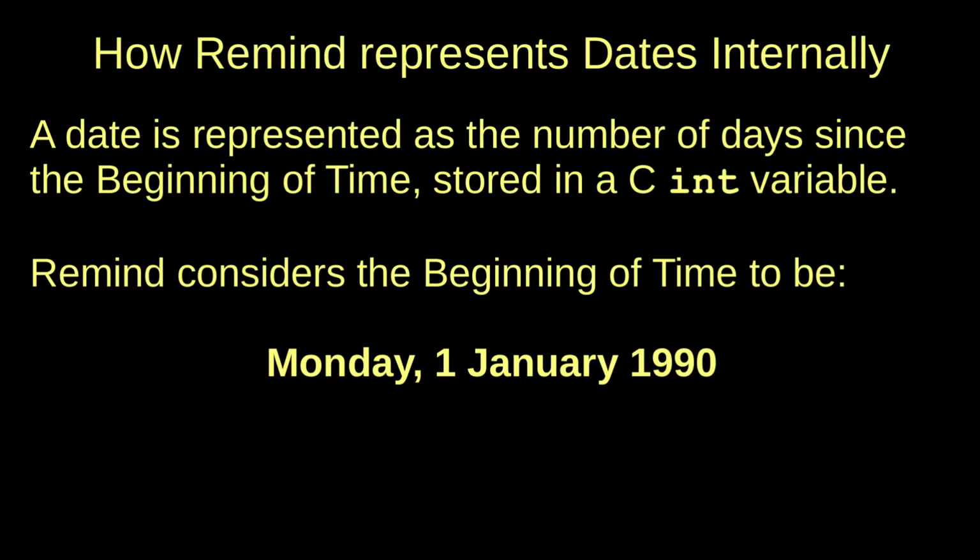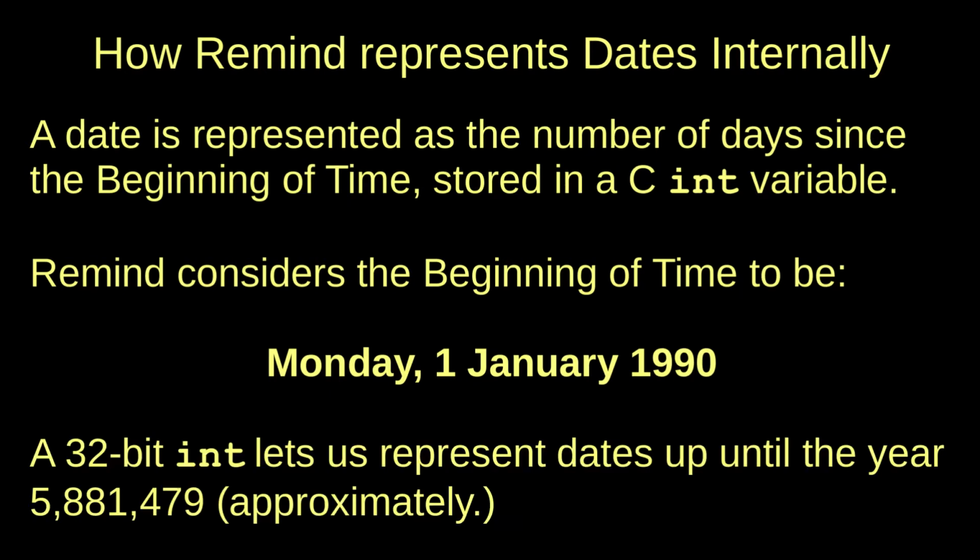A 32-bit signed integer lets us represent dates up until the year 5,881,479 approximately. Now remind clearly won't work properly for the next 6 million or so years because the Earth's rotation is changing and the calendar is going to drift.